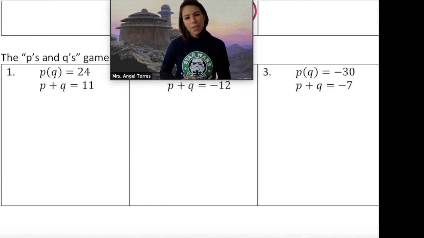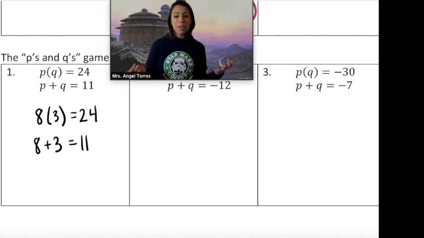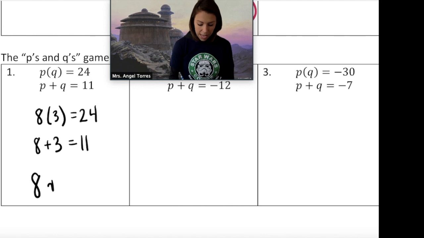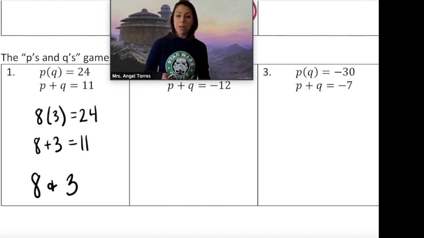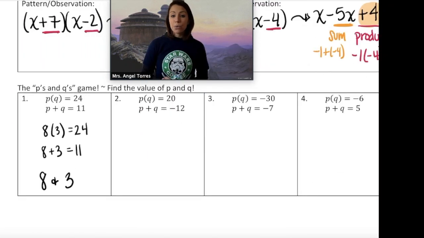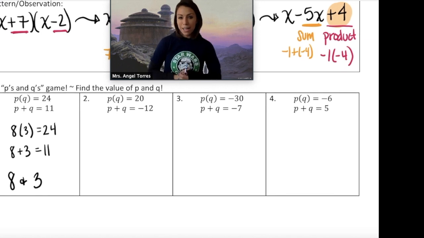What about 8 and 3? 8 times 3 equals 24, and does 8 plus 3 equal 11? Yes, so we've just found the values of P and Q. The values of P and Q here are 8 and 3 because 8 times 3 is 24 and 8 plus 3 is 11. Now it's your turn to play the game with 2, 3, and 4. Can you find the values of P and Q in these three examples?